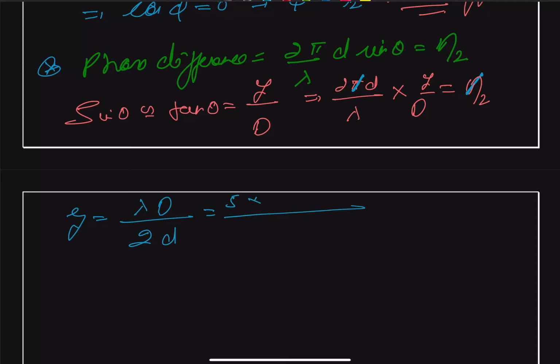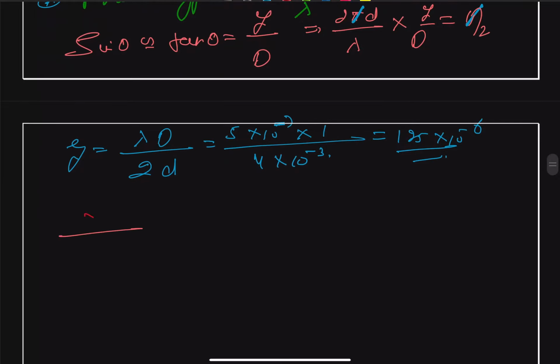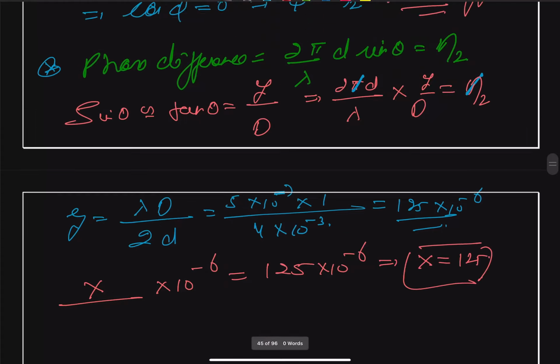We get this as 5 into 10 to the power minus 7 into 1, divided by 4 into 10 to the power minus 3, and this comes as 125 into 10 to the power minus 6. But we are already given, let us put this as x multiplied by 10 to the power minus 6 will be equal to 125 into 10 to the power minus 6. This gives us that our x is equal to 125.